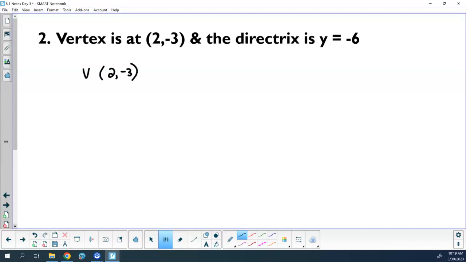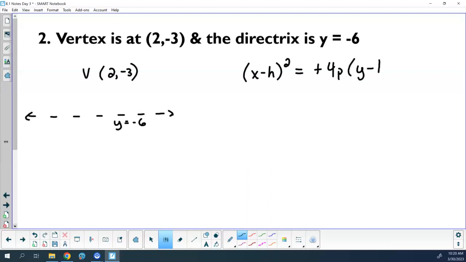Is it going to be above or below my vertex? Below. So my directrix is going to be down here. Which way does this parabola open? Up. Okay? So an up opening parabola is x minus h, quantity squared, equals positive 4p times y minus k.